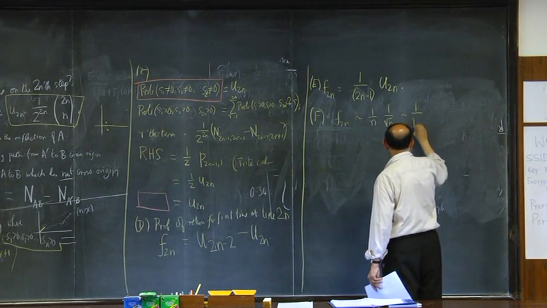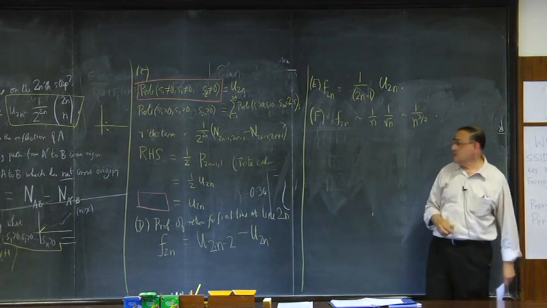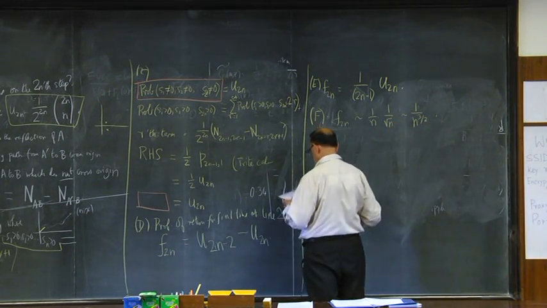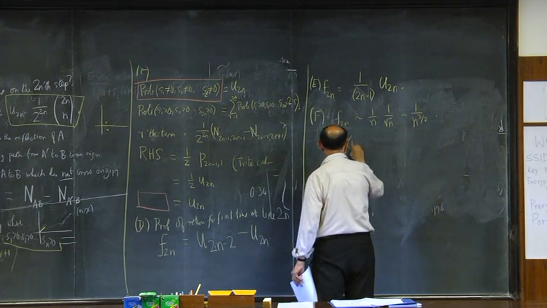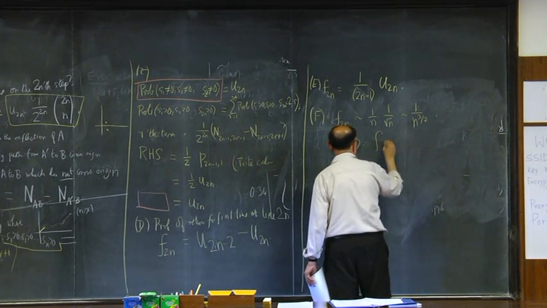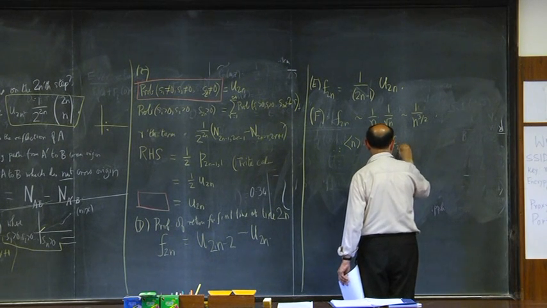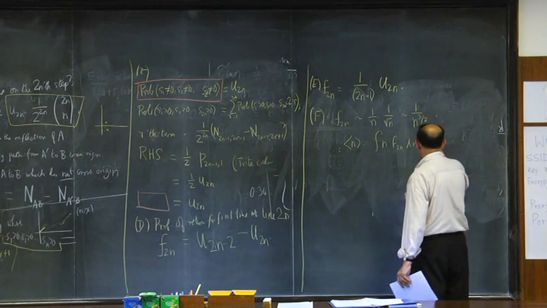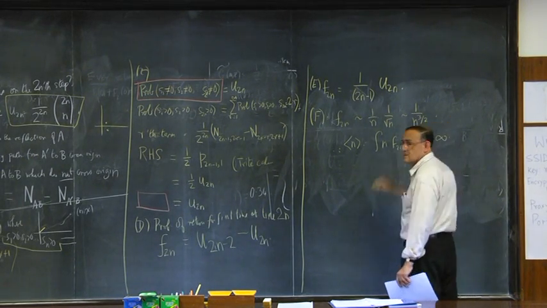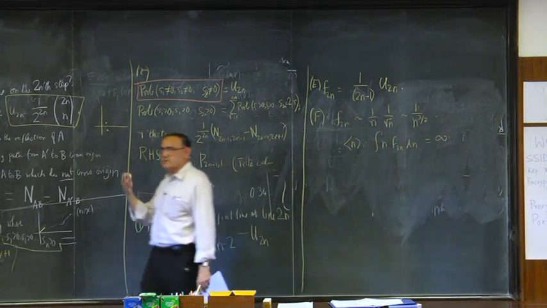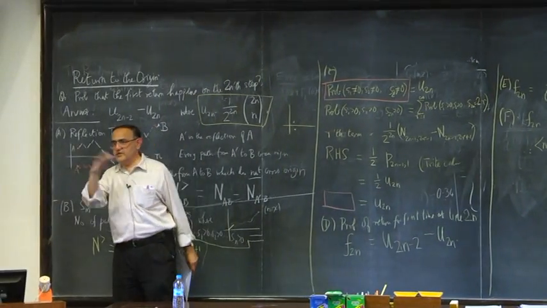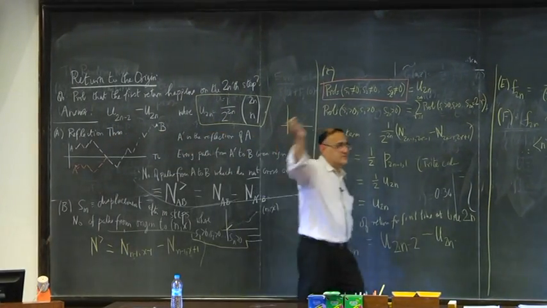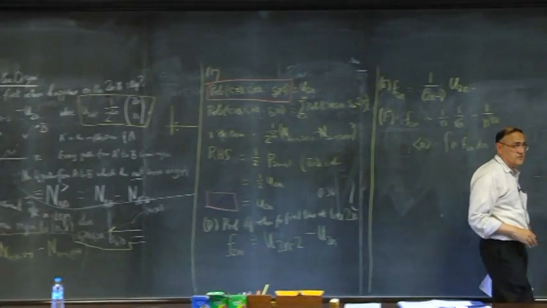This is this famous 1 over n to the 3 by 2. Therefore, the mean n equals the integral of n f2n dn, or actually it's a sum, doesn't matter, and it is infinite. So this is the thing that you've been hearing from various quarters, that the average time to return is infinite.